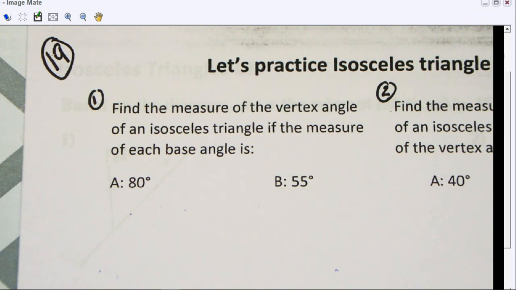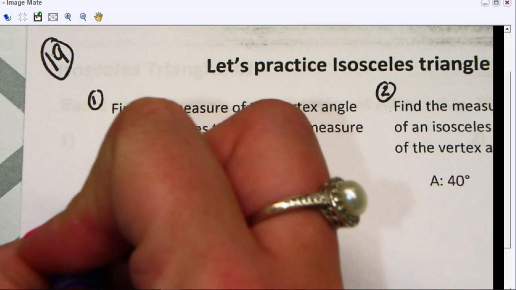Okay? So what shape are we working with? Let's start there. Okay, a vertex angle, but let's think shape. Triangle. Okay, a triangle. What kind of triangle? Isosceles triangle. So at least right there, we know where to start to draw. So the hardest part about word problems is sometimes we don't know where to start.